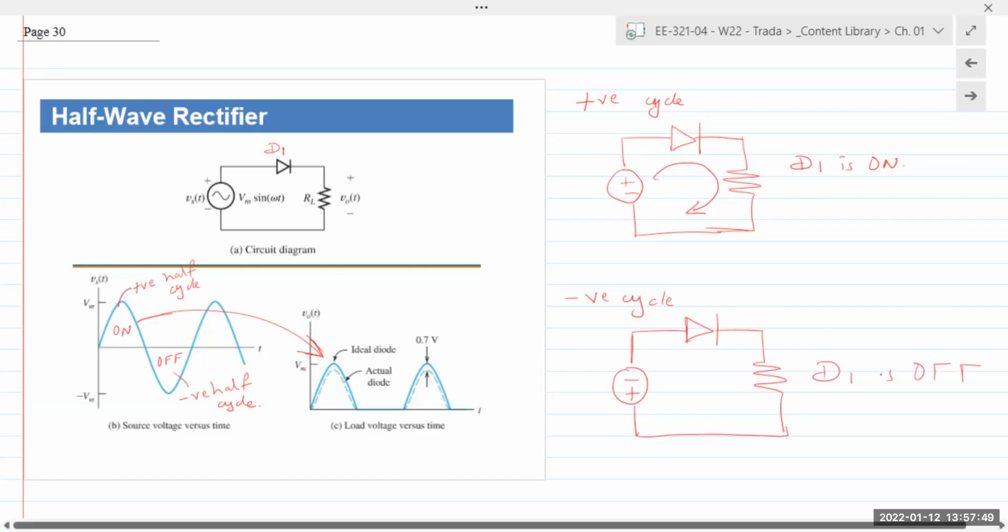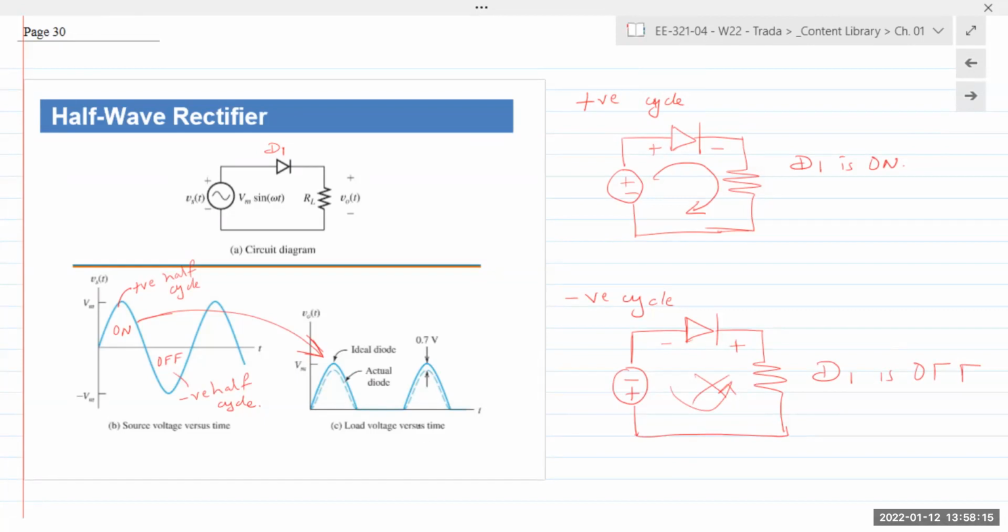And because it is off, this is minus, this is plus, cathode is at a higher potential. Current cannot flow through. And so there is no transmission of any kind in the reverse bias. And so only half the wave is being received at the output.